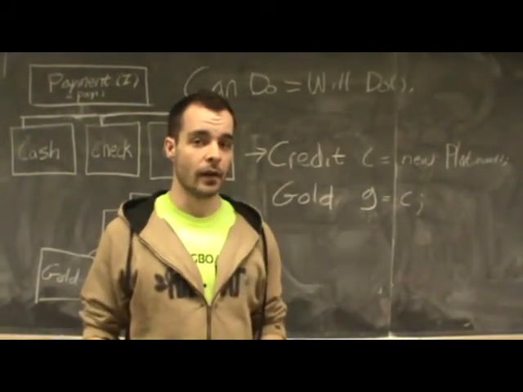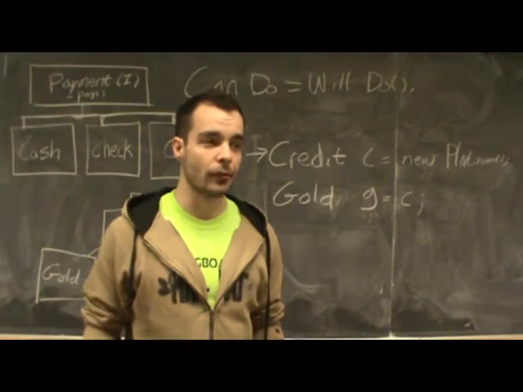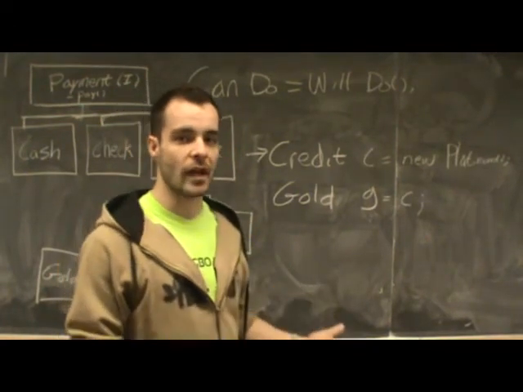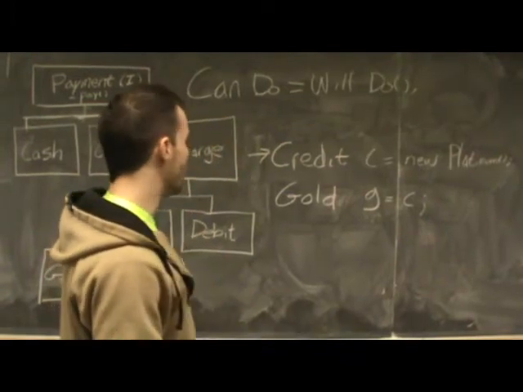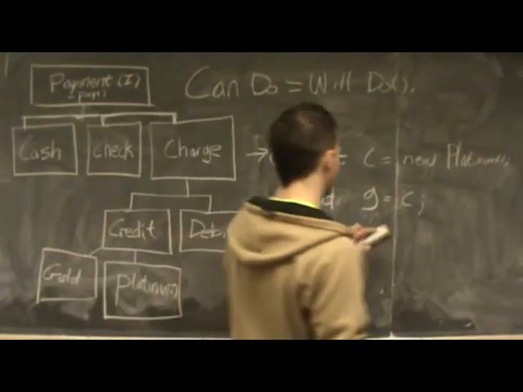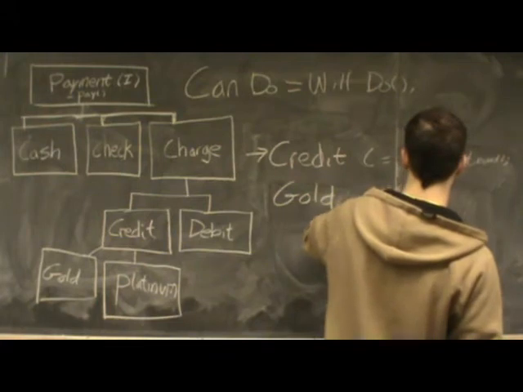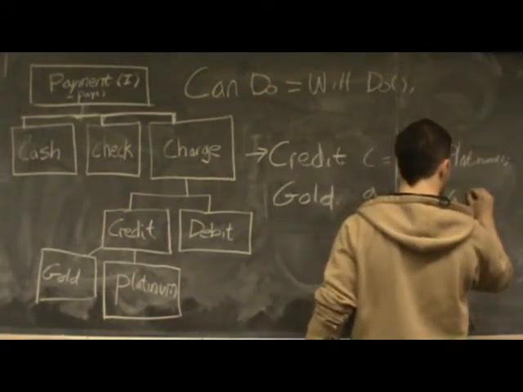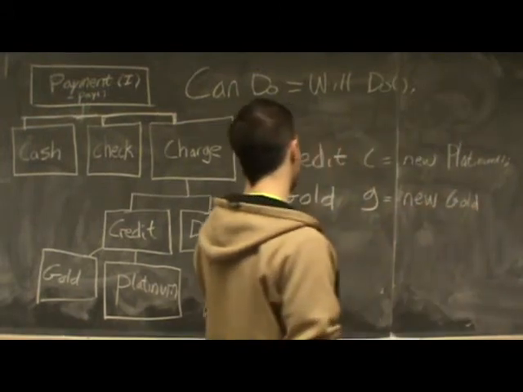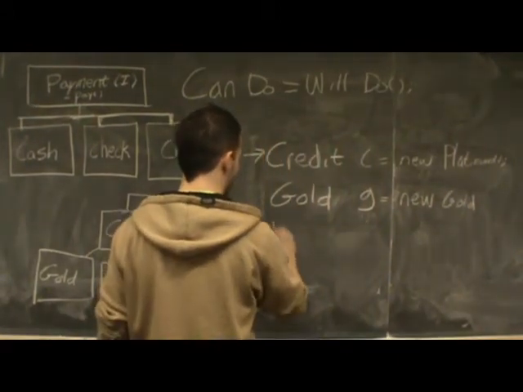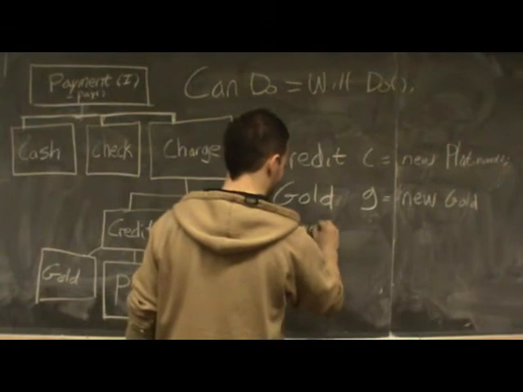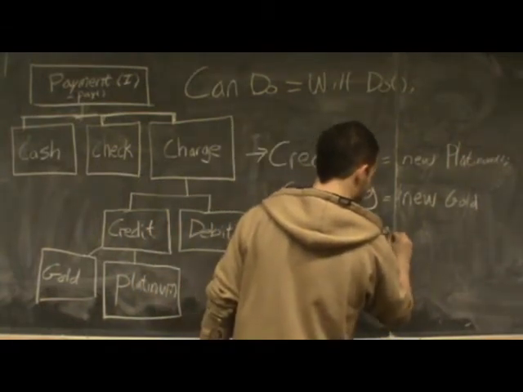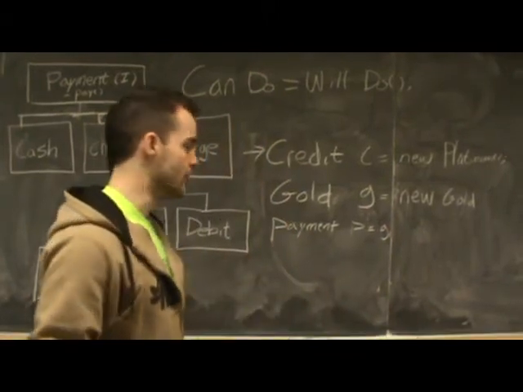Casting up is fine. Casting up is great because casting up is a compiler checked type thing. If I said, let's do gold G equals new gold, and then let's do payment P equals G. Great, awesome.